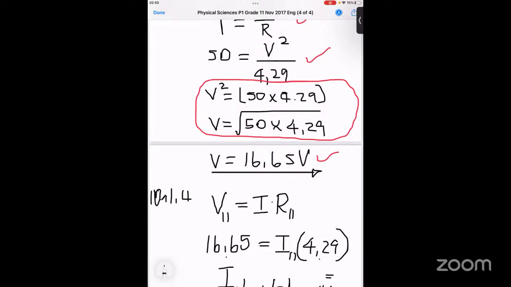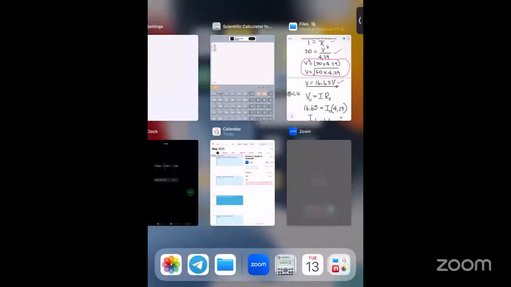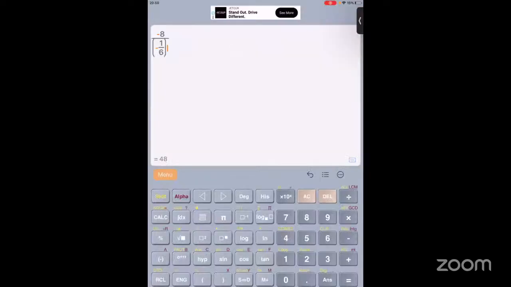Okay. And let's see. Someone is saying my V value is wrong. Let's see what's happening there. Square root 50.